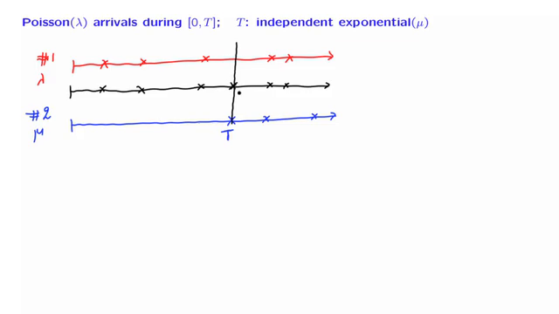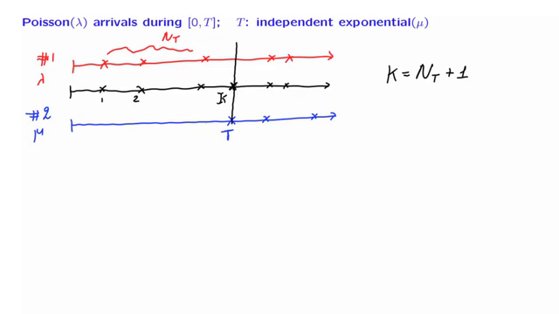The discussion will be a little simpler if we define another random variable K, which is N_T plus 1. So K is the number of arrivals in the merged process until this time. That is, we take those arrivals of the red process and we also include that arrival here. So if the number of arrivals that we got here was N_T, here we have arrivals 1, 2, and so on, and this is arrival number K. So K is a random variable and we want to find what it is.